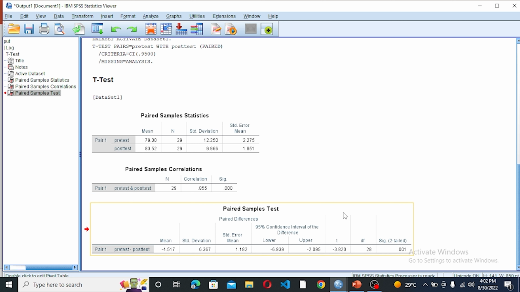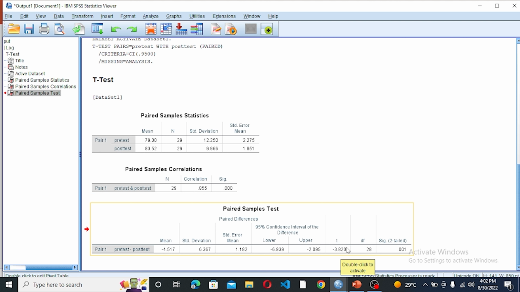And of course, you can also interpret this from the basis of the t-statistics, which is what? Minus 3.82. From here, we realize that it is negative. But in comparing it with the 5% significant level, which is 1.96, we need the absolute value of the t-statistics. So the absolute value of minus 3.82 is 3.82.